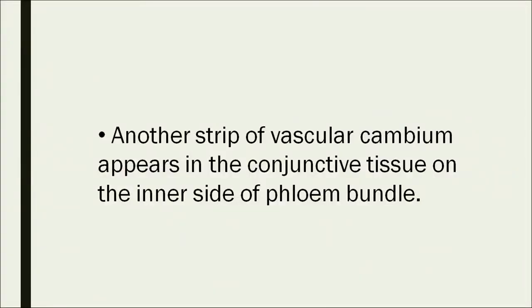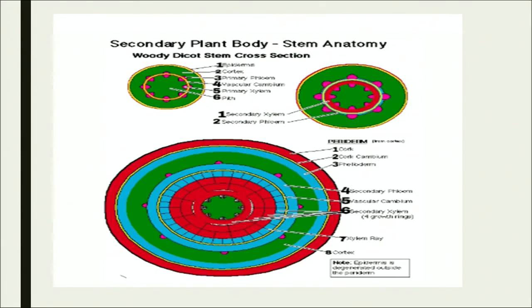Now these cells divide and cut cells on the outside and inside, and the vascular cambium appears in the conjunctive tissue on the inner side of the phloem bundle. So, we must understand that a plant in the beginning is green and young, but after some time it becomes woody and strong. How does it happen? It happens with the help of secondary growth happening in the root and the stem. So, how does the process start?